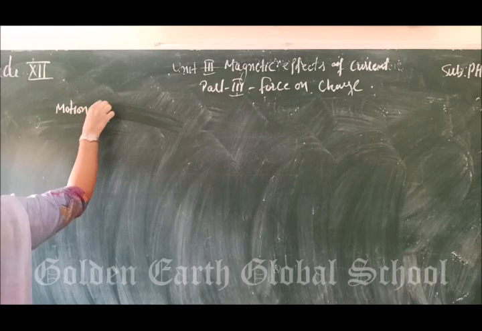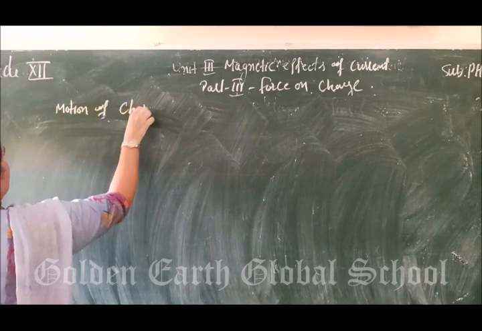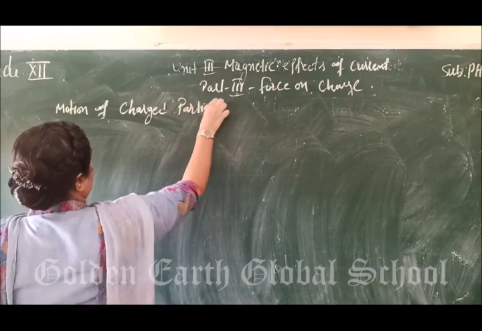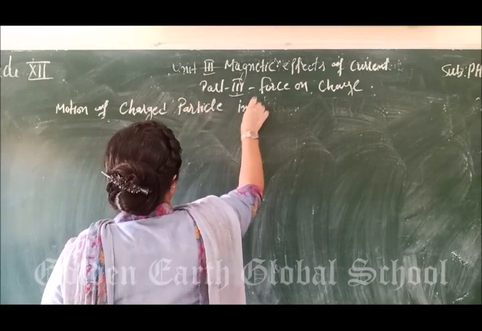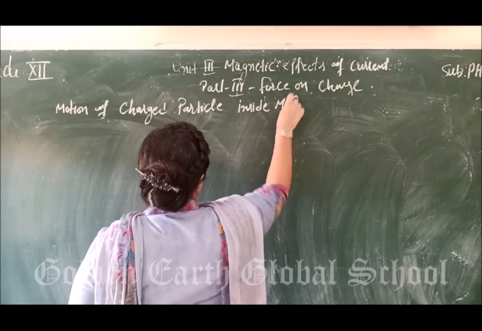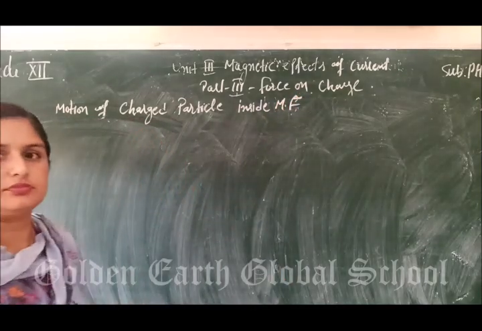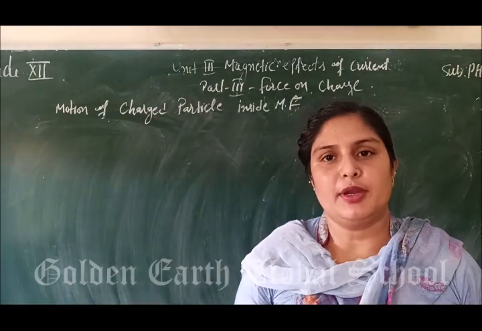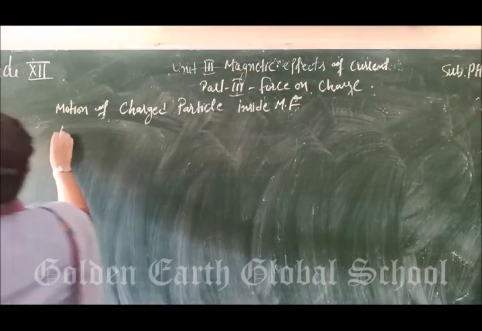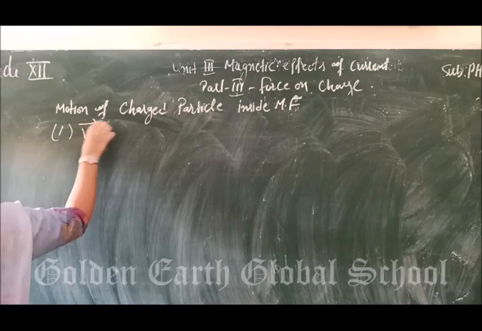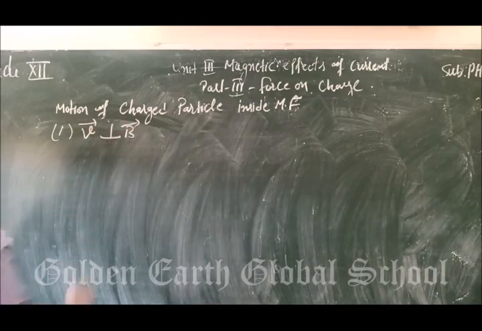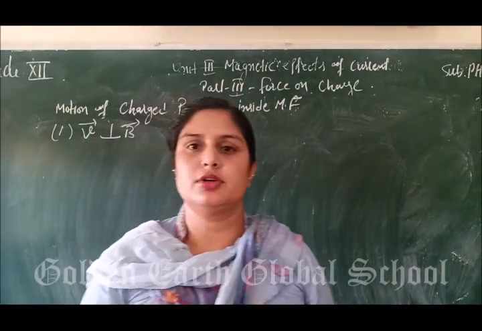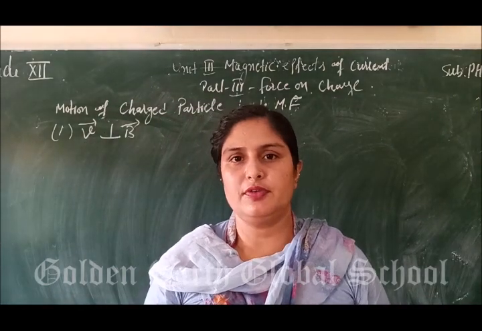Now the first case is when V is perpendicular to B. First case, V perpendicular to B means the charged particle is moving in the perpendicular direction to the magnetic field.